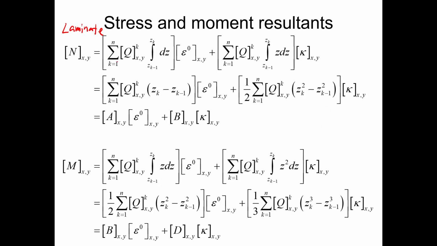When you expand it, you will get the results showing here, and you will have a few terms here, Nxy. And if you simplify the equation, it becomes determined by the A and B, xy, epsilon, and kappa.